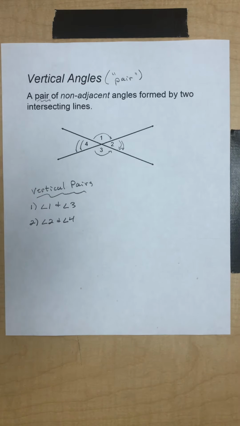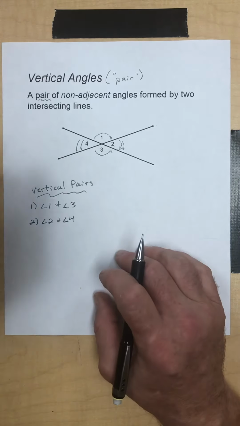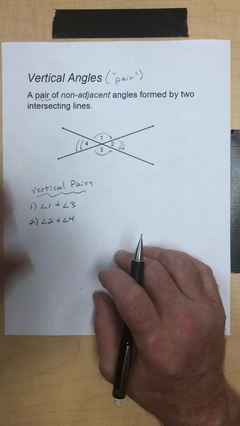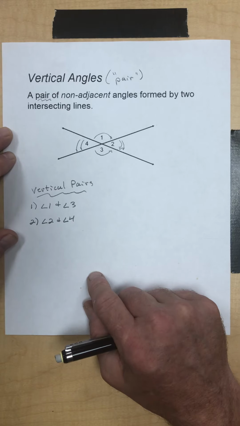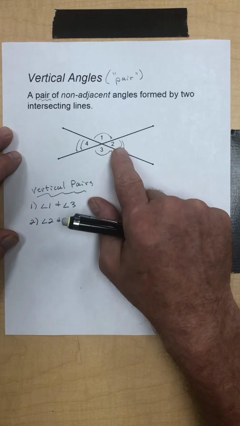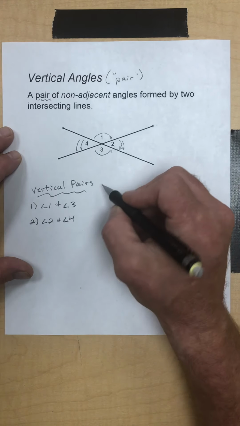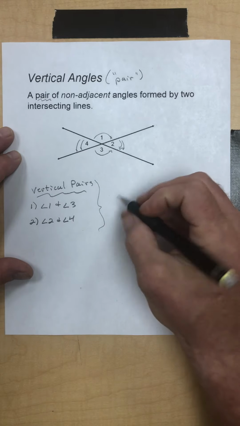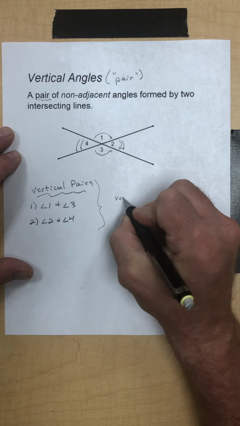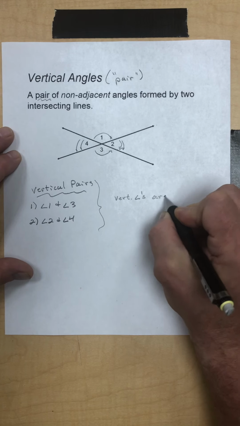Okay, and then we take a look at that and, you know, well, is there something even more special about vertical angles? You know, would the measure of 1 and the measure of 3 be related, and would the measure of 2 and the measure of 4 be related? Okay, well, every year I ask that, and I always get somebody that comes up with, okay, vertical angles are congruent.